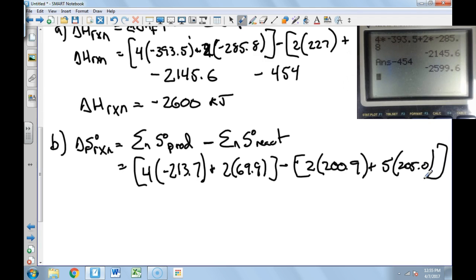Now we can solve, and so I like to solve in pieces. So this piece, the products piece.